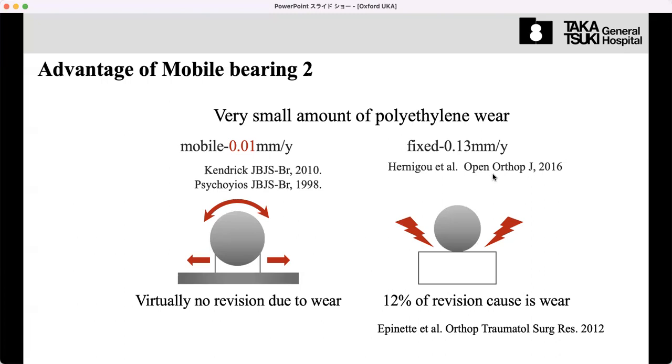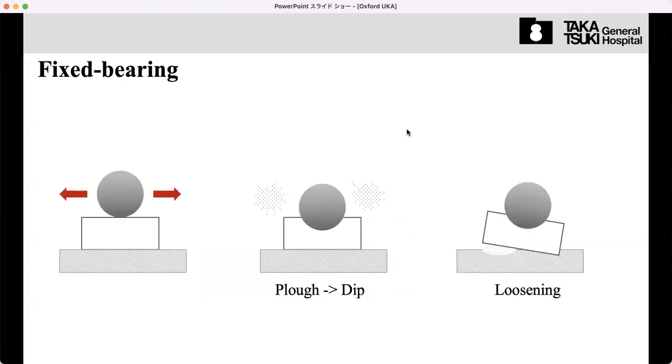On the other hand, around 15% of the revision rate is said to be due to wear in fixed bearings. Furthermore, fixed bearing wear keeps getting deeper on the flat surface of the polyethylene. That deep wear captures the femoral component, and according to the femoral movement it can cause loosening.